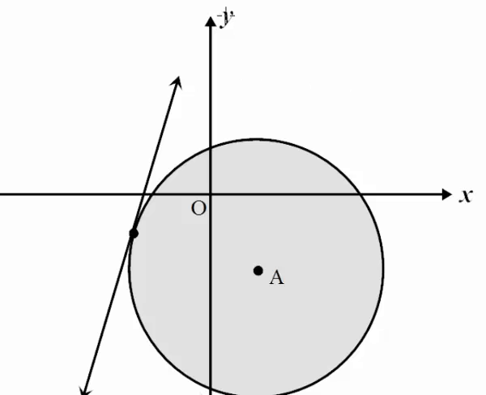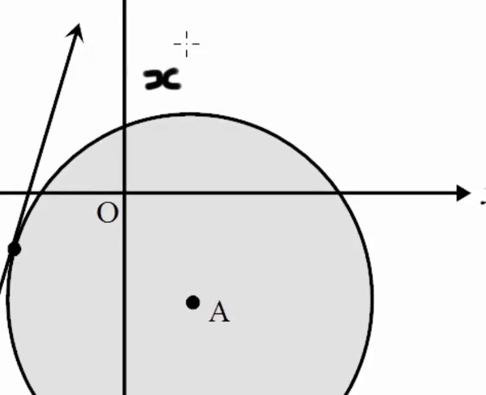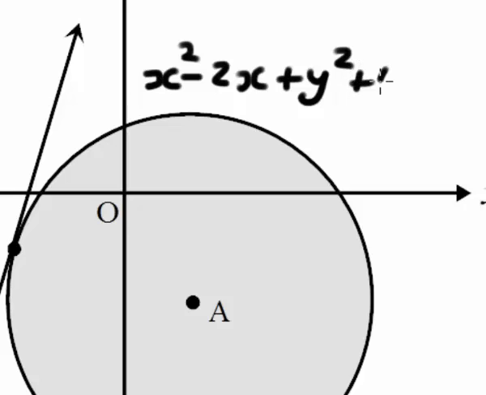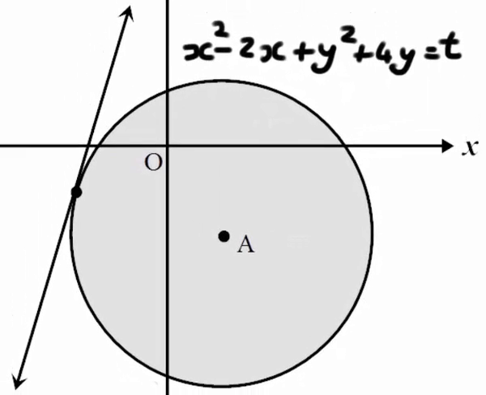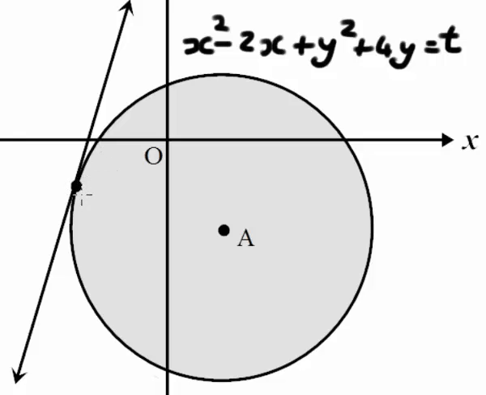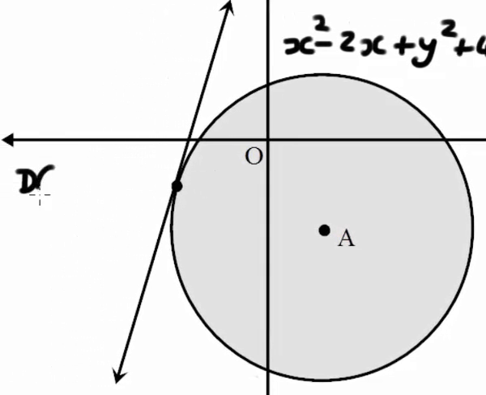In the figure, the tangent touches this circle, and the circle's equation is x squared minus 2x plus y squared plus 4y is equal to t. So that's the equation of the circle with a center at A. The point where the tangent touches the circle is (-2, -1).